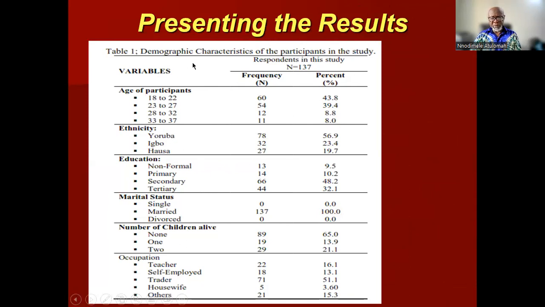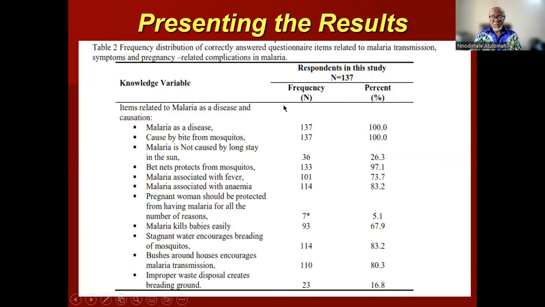So we have this frequency distribution of the demographic characteristics of the participants. So you can see how we have this in place. This is a typical table. Another table for knowledge, the items, and you can count how many people.